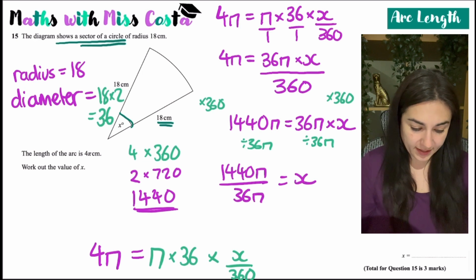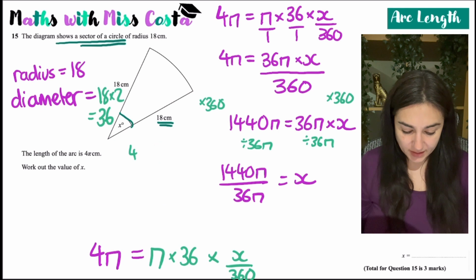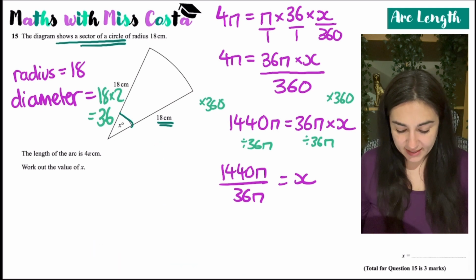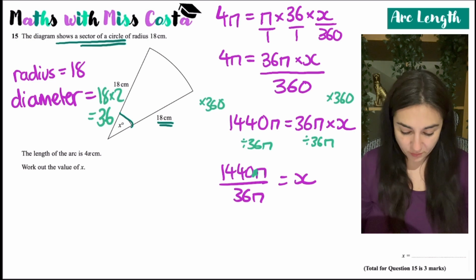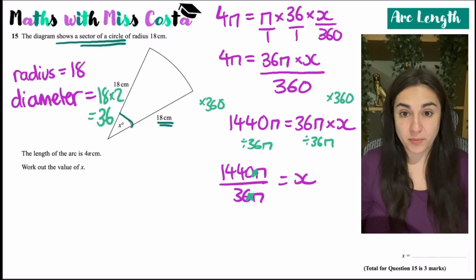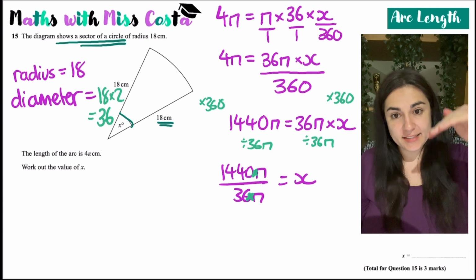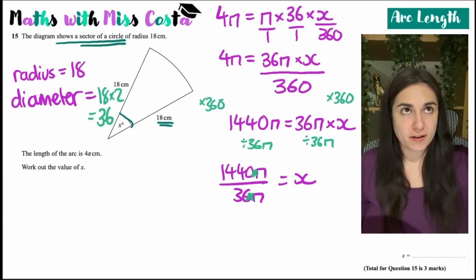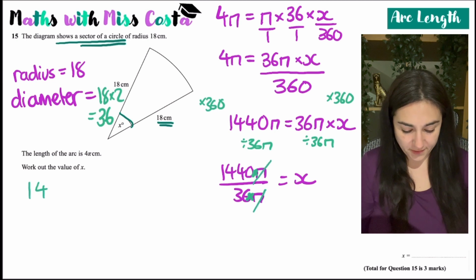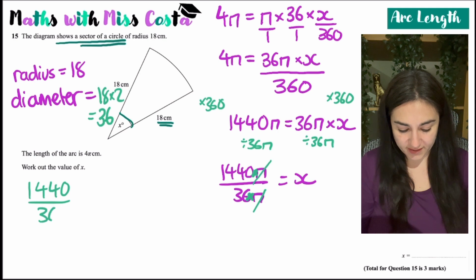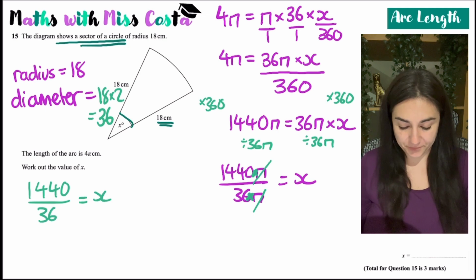Now let's see what I can do to simplify this fraction. Whenever I've got a fraction and things are being multiplied, so pi is being multiplied by 1,440 and it's being multiplied by 36, anything divided by itself is 1, like 5 divided by 5 is 1, so I could just cancel out the pi. So I'd be left with 1,440 over 36 equals x.